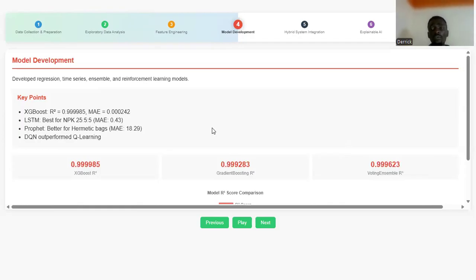The key point during this model development was that several models were evaluated, and XGBoost showed great performance in regression models with an R squared of around 0.99, which is 99%, and a minimal error, so it performed very well.